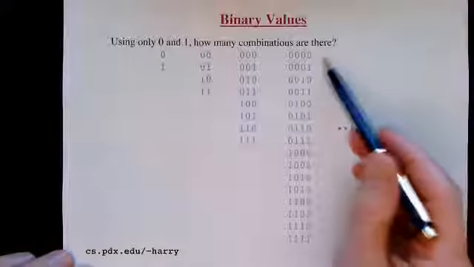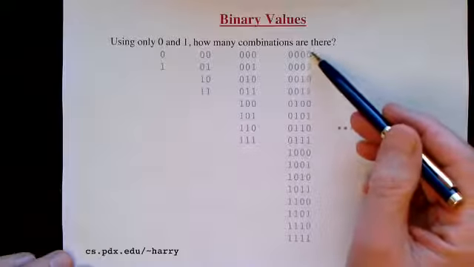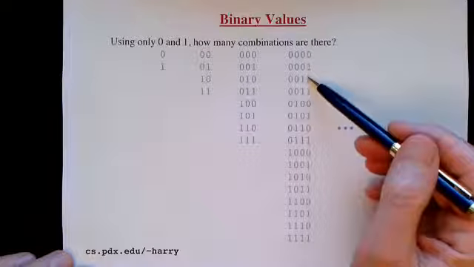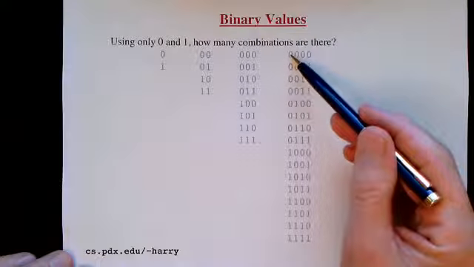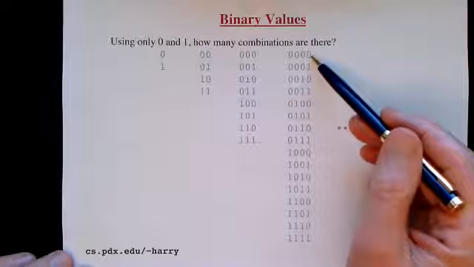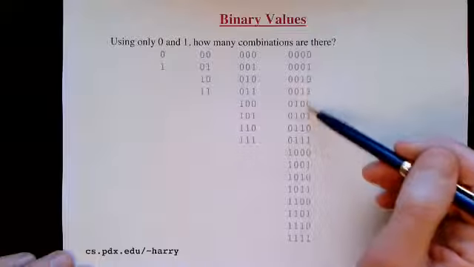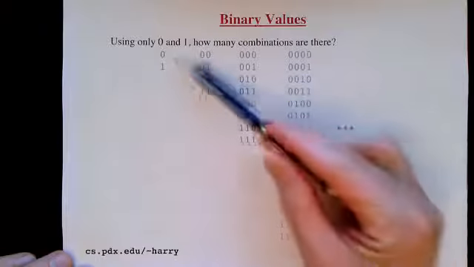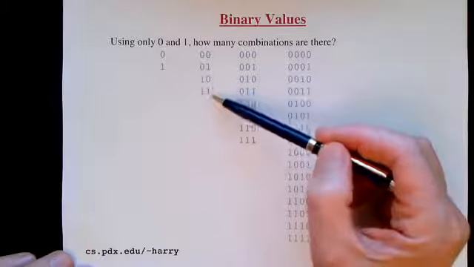Now let's look at these values a little bit more carefully. We'll call the bit on the right side the least significant bit, and the one on the left end the most significant bit. So let's look at the least significant bit. Notice how it changes 0, 1, 0, 1, 0, 1, and we pick that up from the fact that we repeat this here like that over and over.